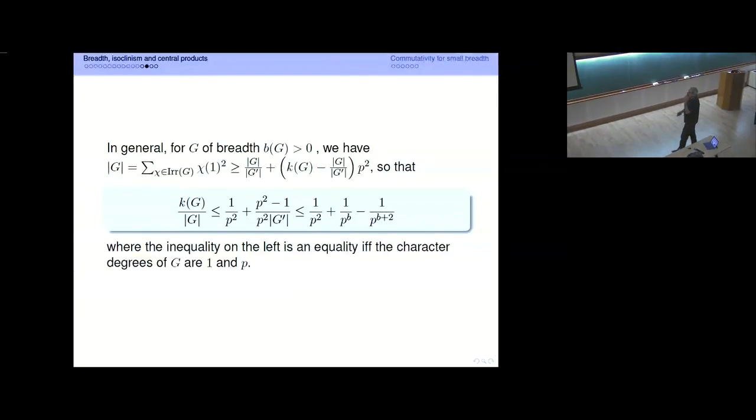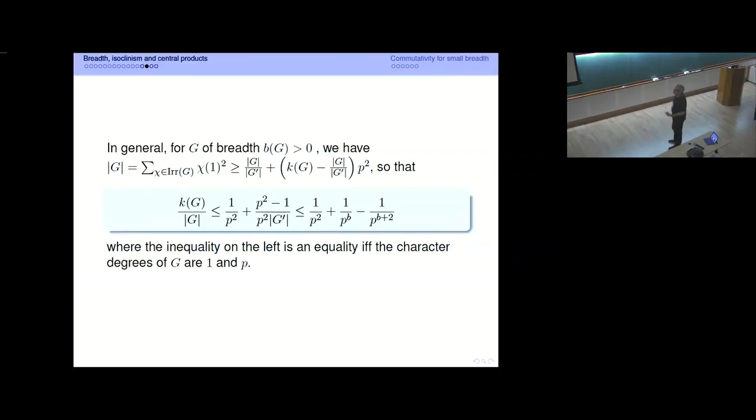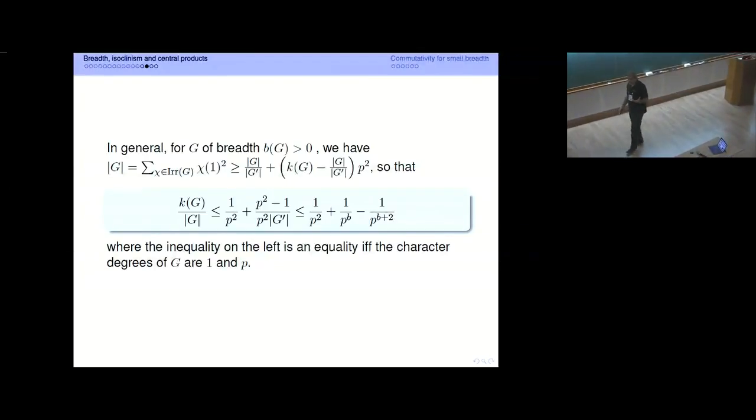And now the next inequality is obtained simply by thinking that the order of the commutator subgroup is certainly bounded above by the order of every conjugacy class of G, so the breadth.